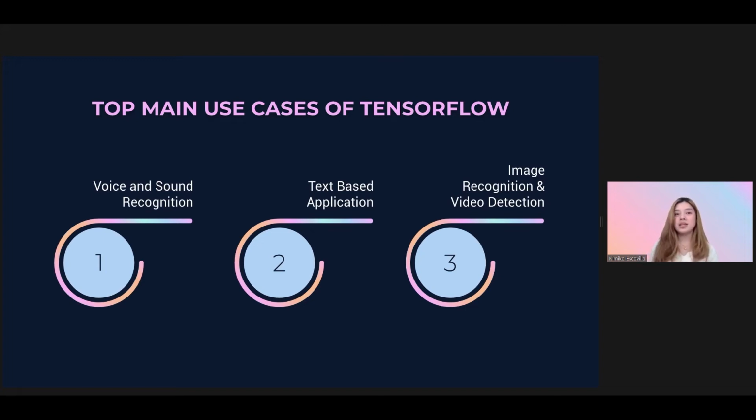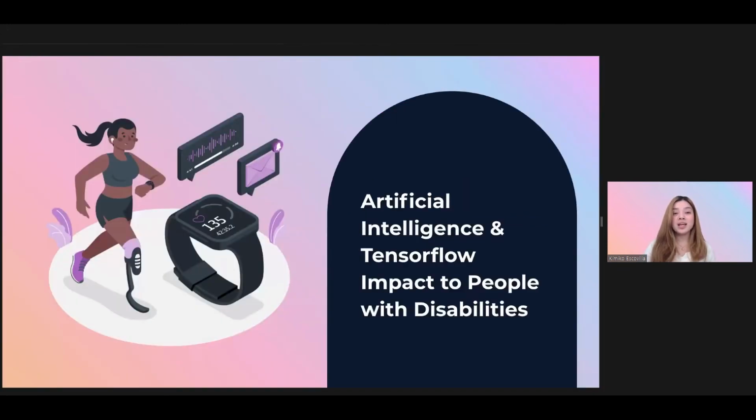So as you can see here, TensorFlow has a lot going on. Software and applications built with TensorFlow have been very useful in our current technology era. What's more important is that with the help of TensorFlow, artificial intelligence has been a total game changer for people with disabilities.